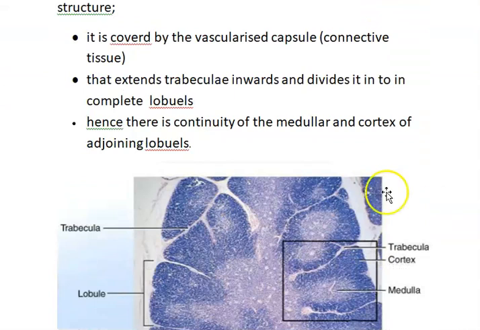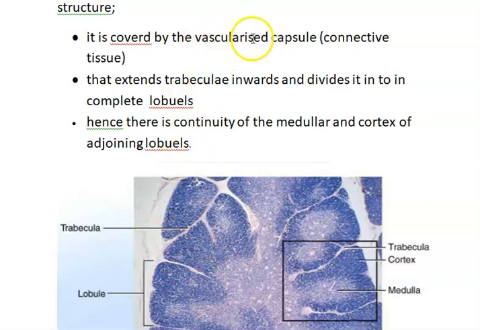As you saw in that diagram, the thymus is covered by a vascularized capsule. This is the capsule here. This is a histological view of our thymus, and it is found to have a capsule. A capsule is just connective tissue, and this connective tissue covering our thymus is said to be vascularized.